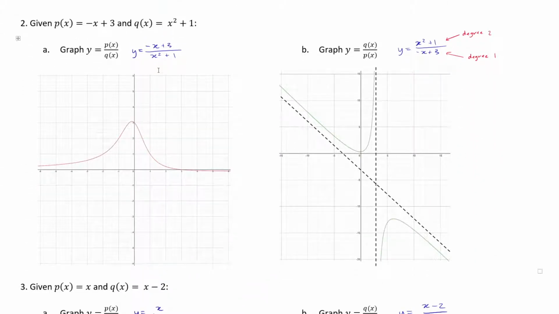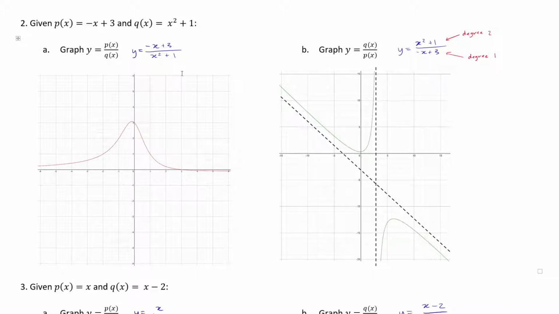Looking at the next set of functions, our rational function here, p of x, was equal to negative x plus 3 over x squared plus 1. Immediately you will notice that there are no asymptotes here.